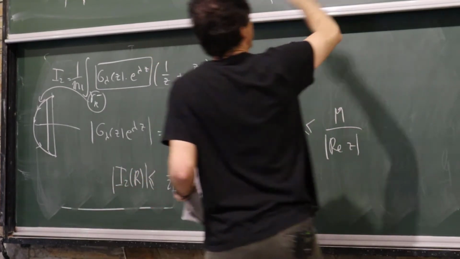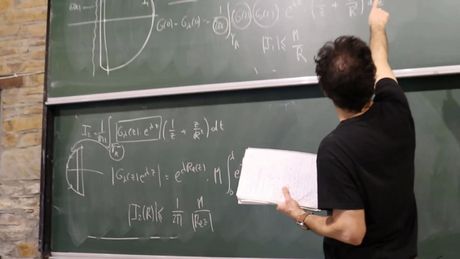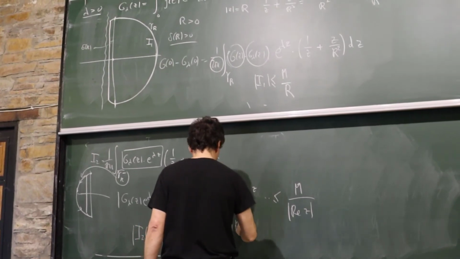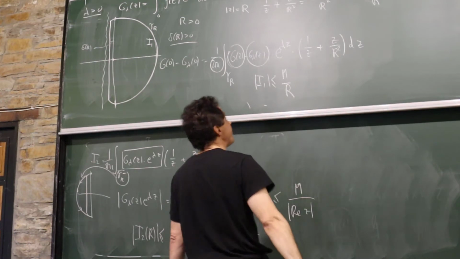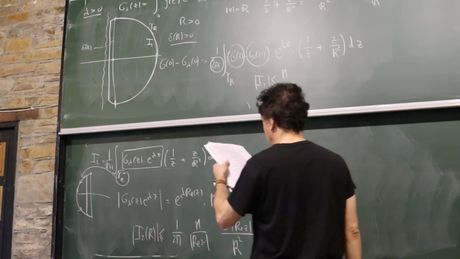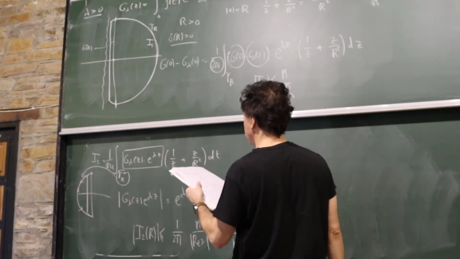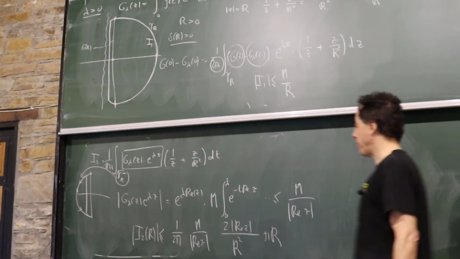This term here, as we are on this half circle, we can apply the bound over there, so it's 2 times the real part of z over r squared. And finally we have pi r, the length of the path.